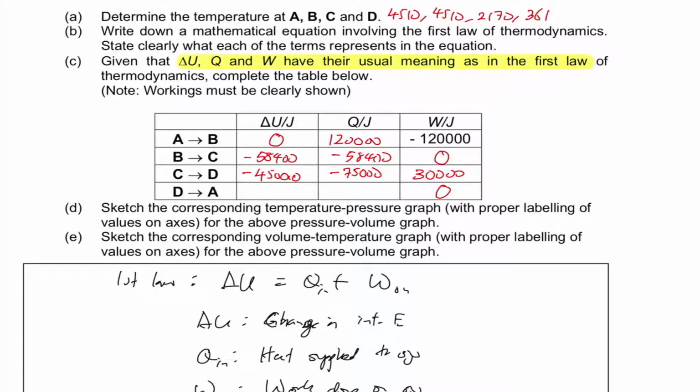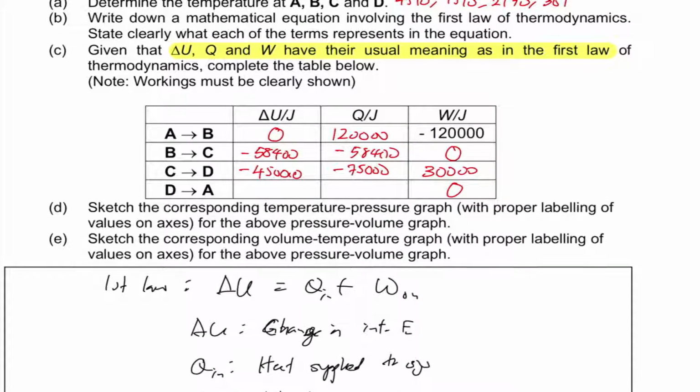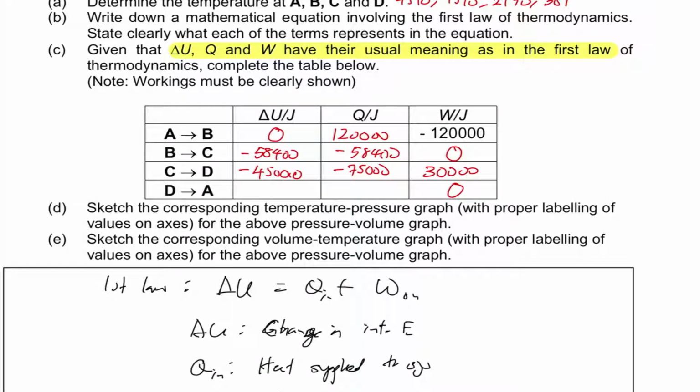Okay, and we are almost done. The last one here, remember this column here, this delta U column, add up, it should give me 0. Okay, so right now you can see that there's negative 58400 and negative 45,000 plus 0. So right now your sum is negative 103,400. So that means this one over here should be 103,400.